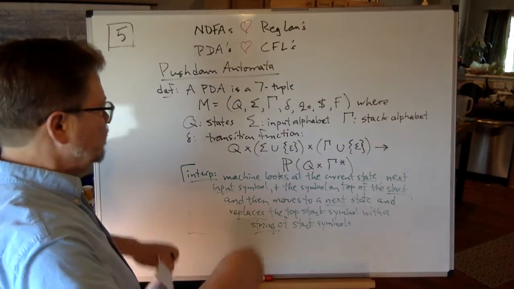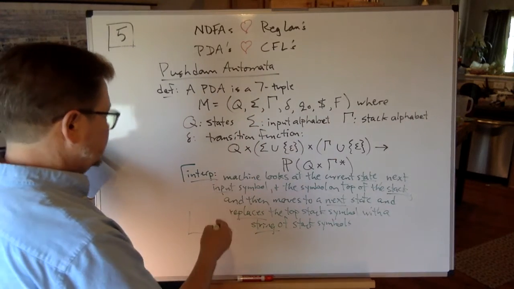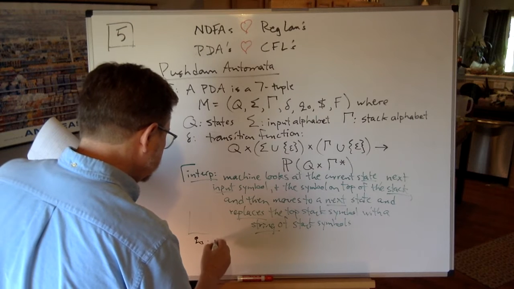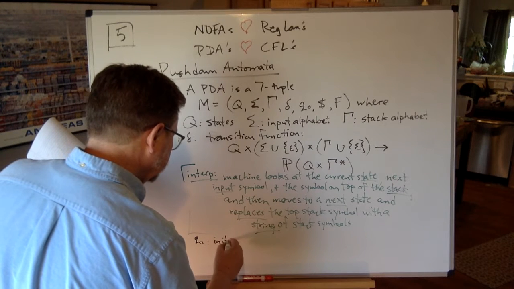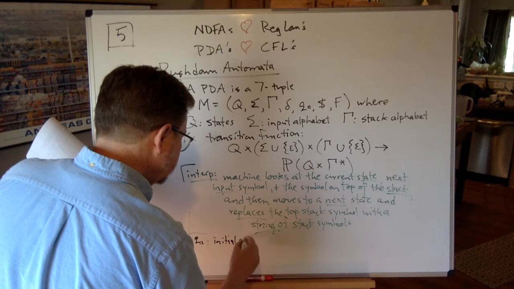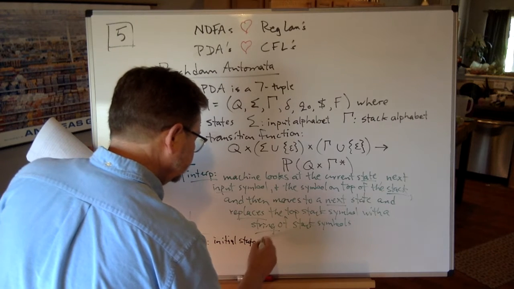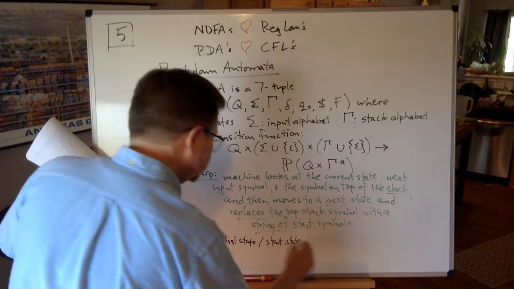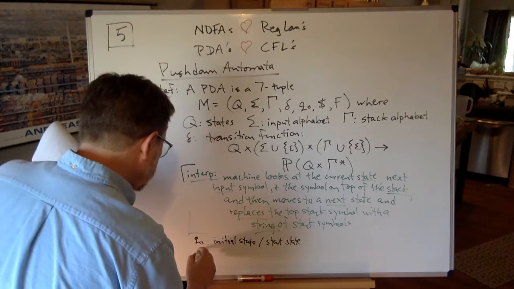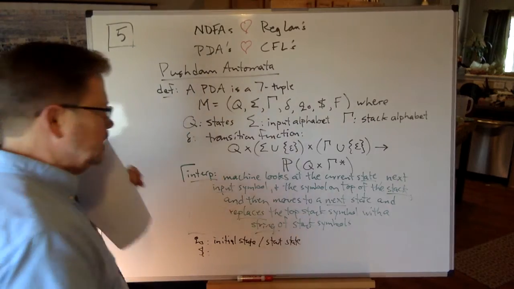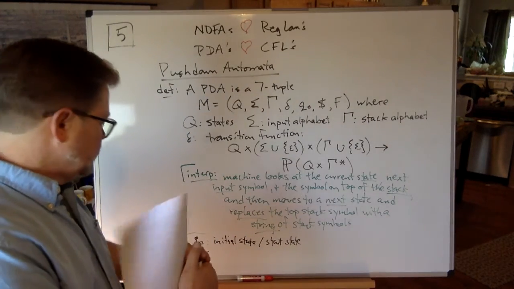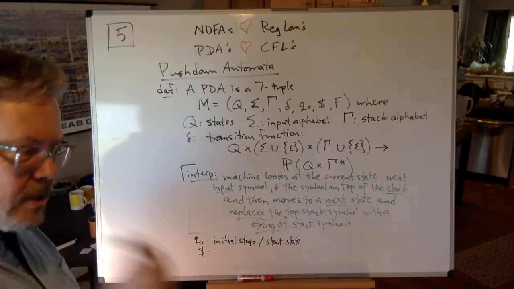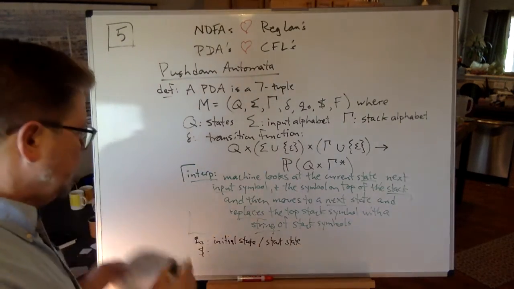Pardon me. Oh dear, am I going to have space? Q0 is the initial state or start state. Your choice of term. They mean the same thing. Who's next? The dollar sign. That's a new one, and actually that's what Sipser leaves out. If you're looking at the official textbook for this course, he has a 6-tuple, but I like the ones that use a specific symbol to say, you know what, you've reached the bottom.